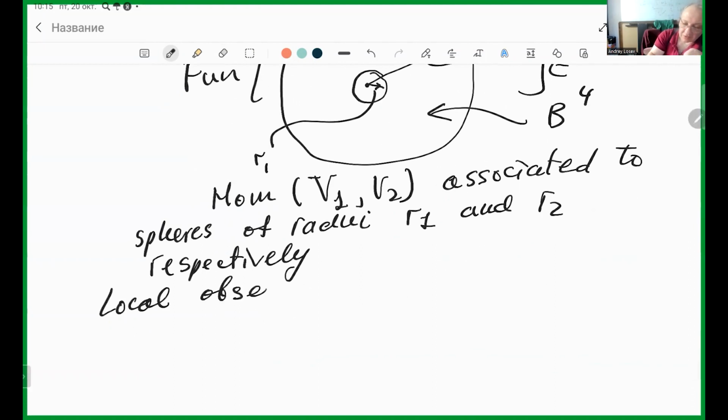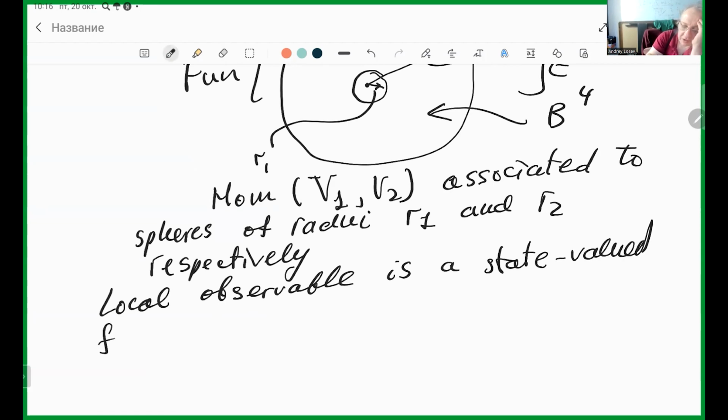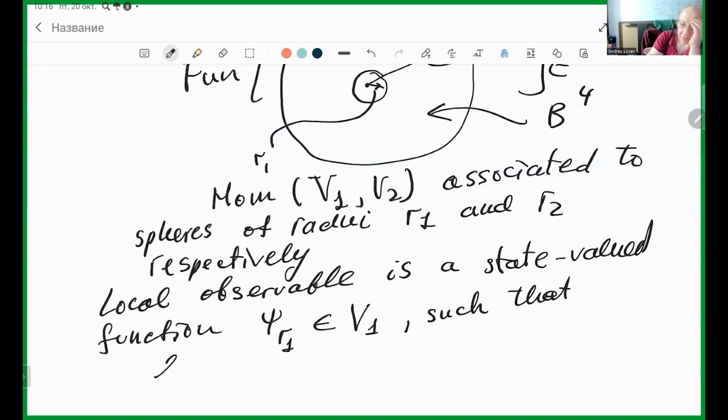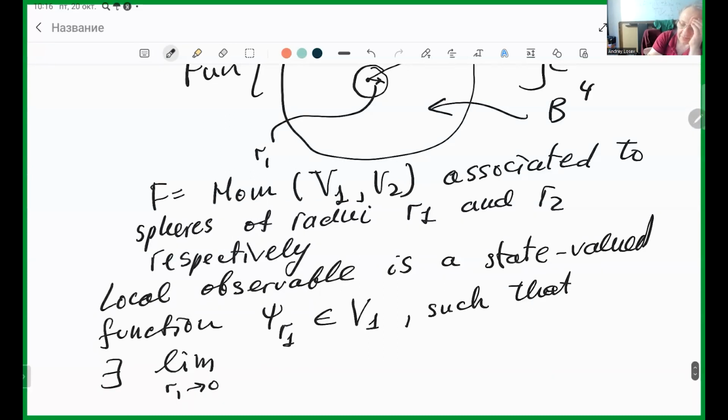Now, a local observable is a state valued function psi R1 that belongs to V1, such that the limit when R1 goes to 0, let me call it F, of F of psi of R1 exists.